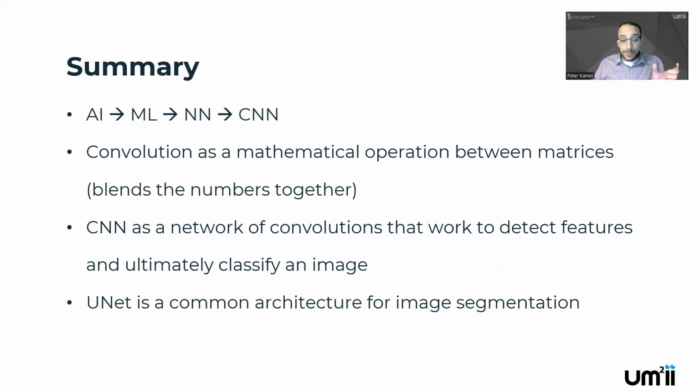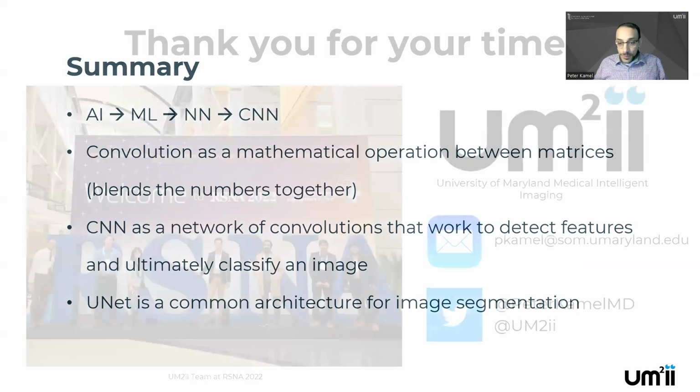And the way that it works is by blending numbers together, or blending sets of numbers together. And in that way, we can use convolution to extract specific features of an image, do that multiple times over a network of convolutions to ultimately classify an image. And we took a specific look at a network architecture called the UNet, which is one that's very commonly used for image segmentation. So that is it for my presentation.